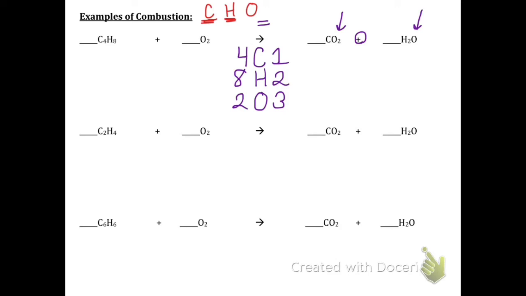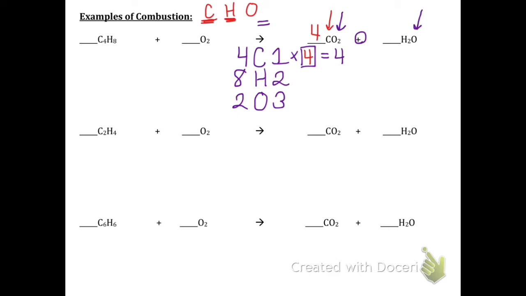Okay, so C's first, 1 and 4. So I can easily get to 4 by multiplying a number. So here I'm going to do 1 times 4. So 4 is going to go where the carbon is on the right-hand side. So my 4 goes here.